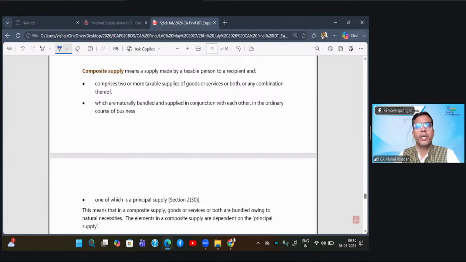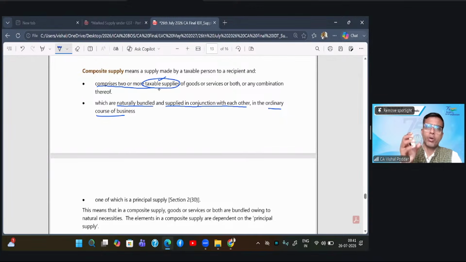Composite is to be treated as when there are two or more taxable supplies and these are naturally bundled and supplied in conjunction with one another in the ordinary course of business. So in order that the combination or the package is treated as a composite supply, the first requirement is it should consist of two or more taxable supplies.